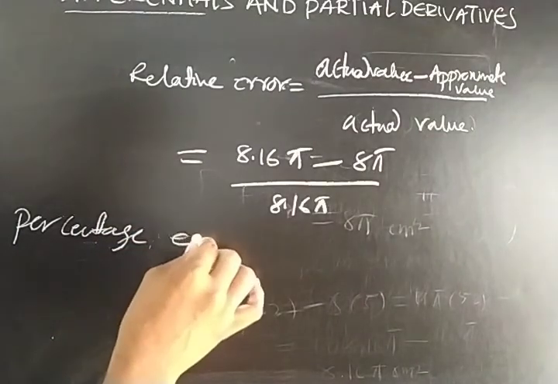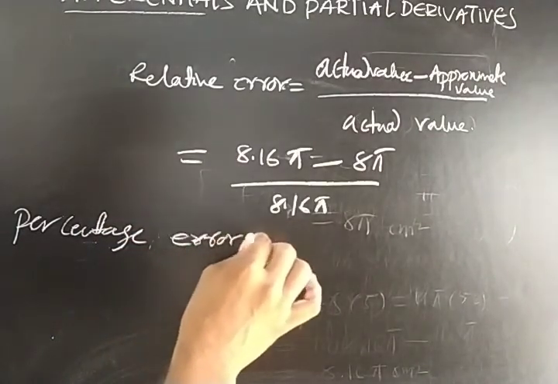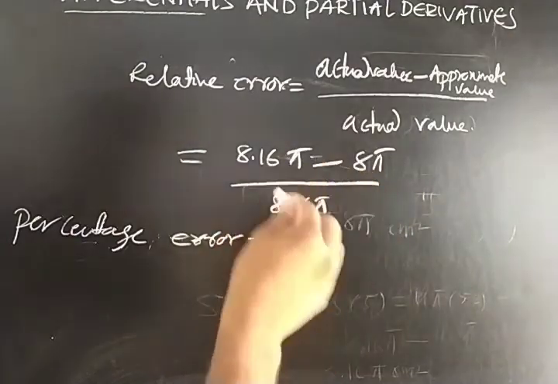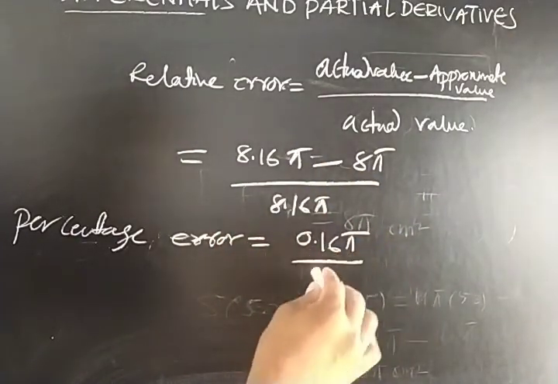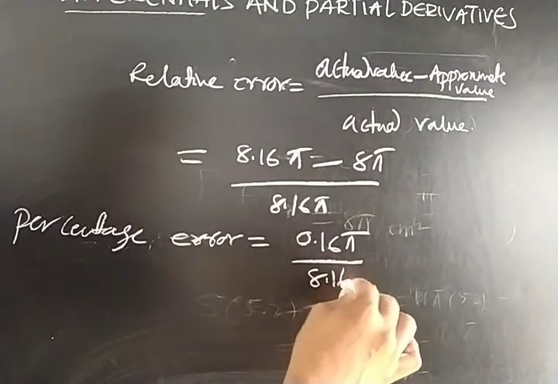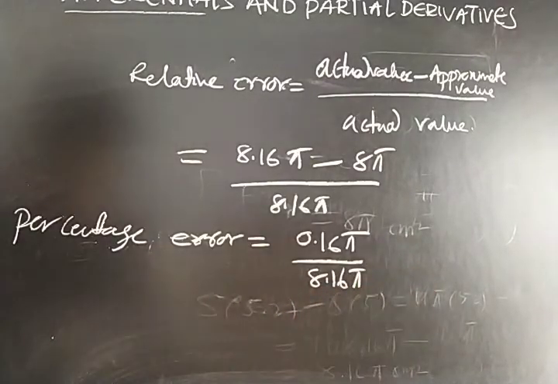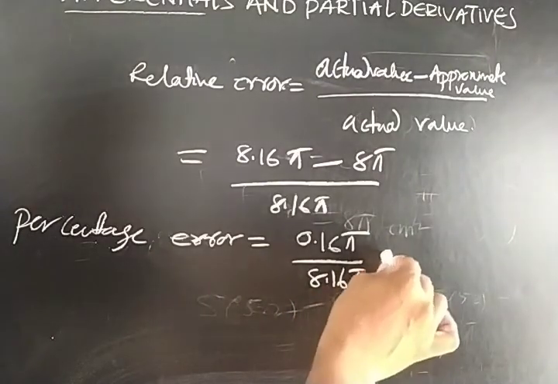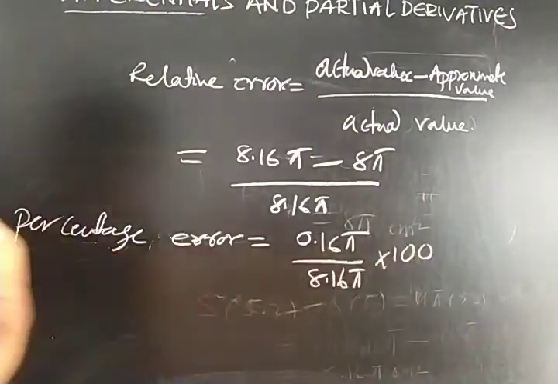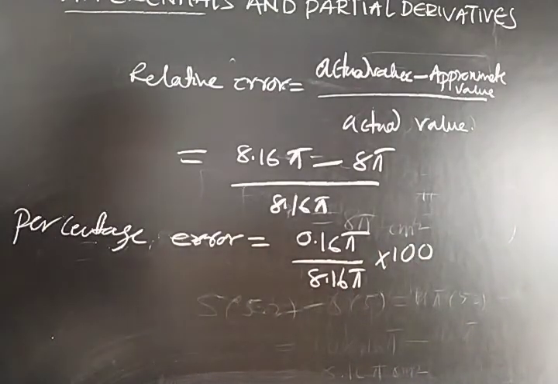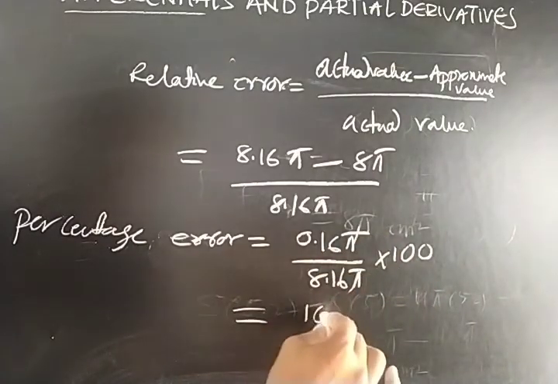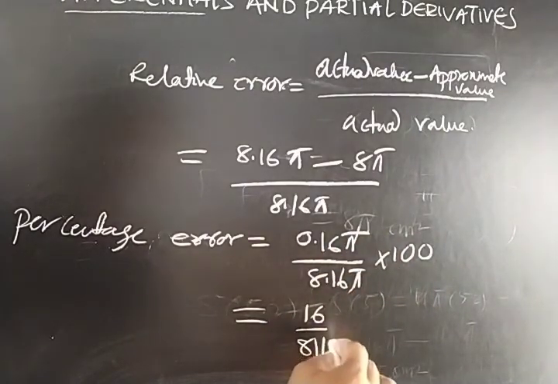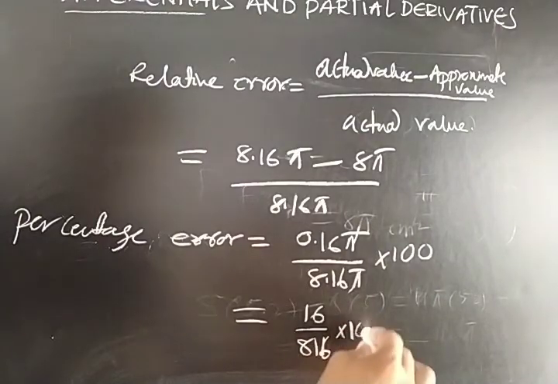Percentage error is equal to 0.16 pi by 8.16 pi into 100. The pi cancels, giving 16 by 816 into 100.